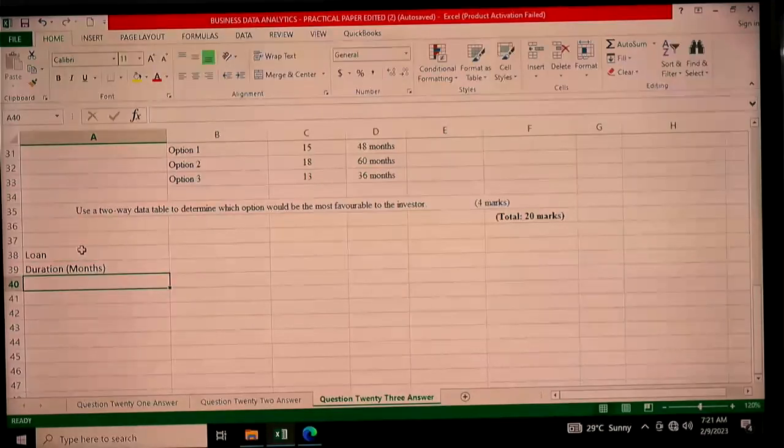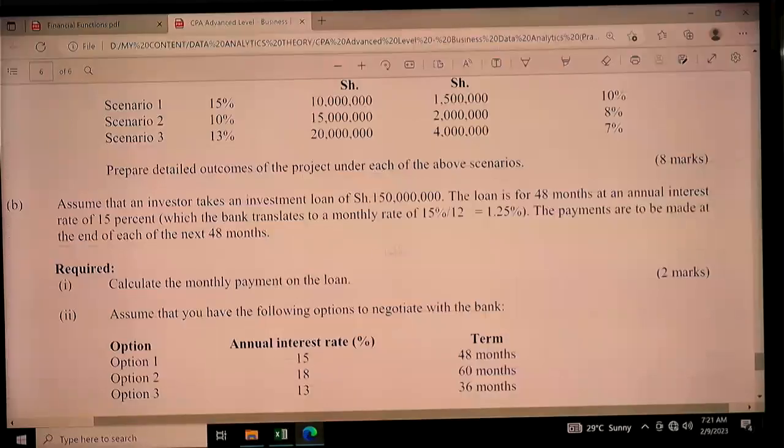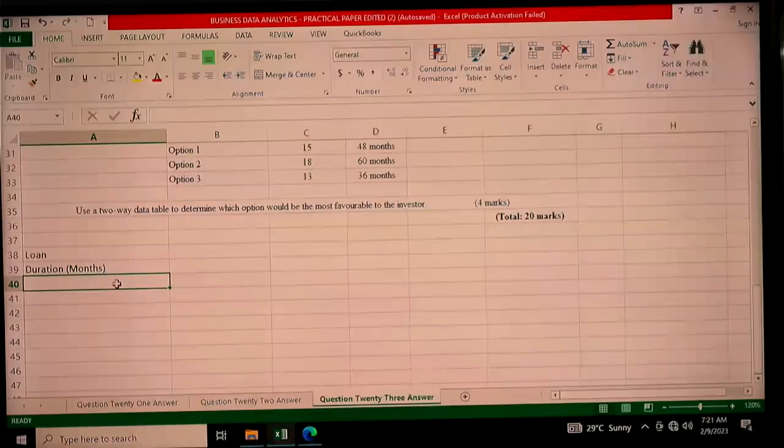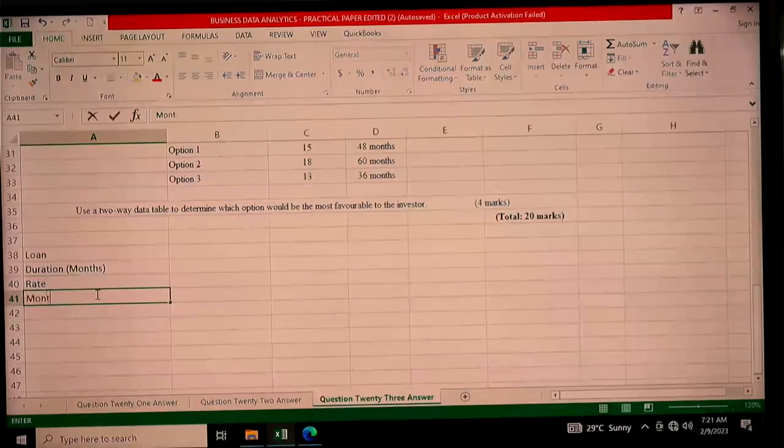Then you have to set up the rate. You are given that the rate here was 15%. So you type here the rate. And finally, you are supposed to get the monthly payment. The monthly payment. That is what you are computing.